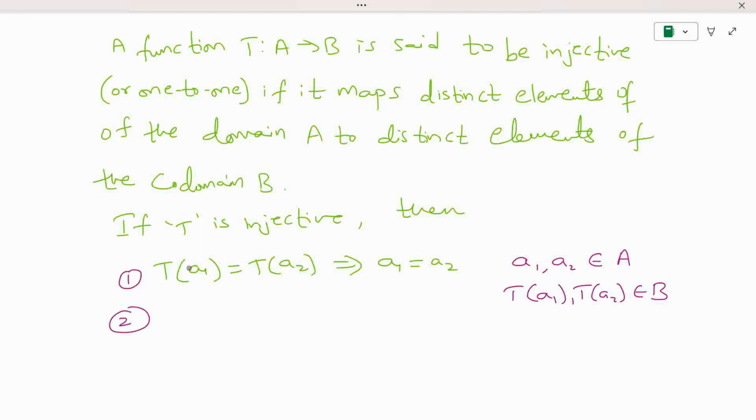Now the second condition for the function to be injective, that is, different elements.